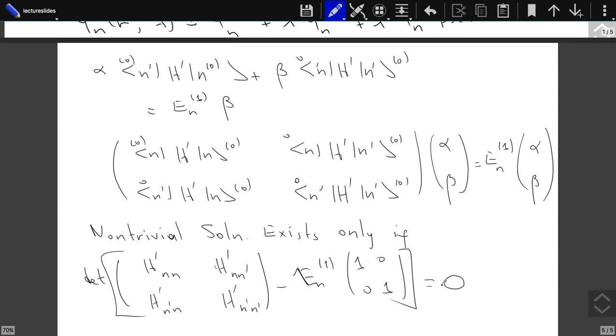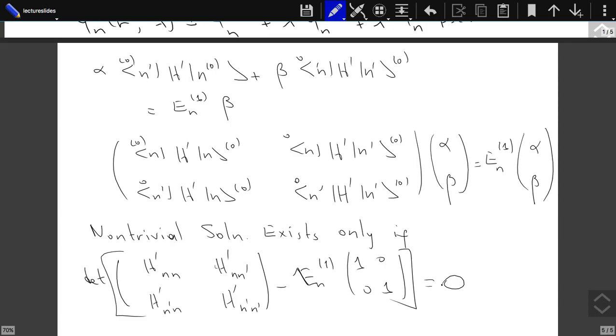Only if this condition is satisfied do we have non-zero possible values of alpha and beta. Furthermore, we also have one more condition. We would rather have a normalized state when we turn off the interaction, so alpha squared plus beta squared should be 1. So this equation already tells me what En1 is.